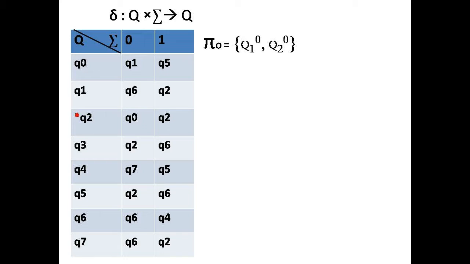According to step number 1 of the conversion method, pi 0 is equal to Q1^0 and Q2^0. The Q1^0 is nothing but the set of the final state. The table shows that Q2 is the final state, and Q2^0 is the set of non-final states.